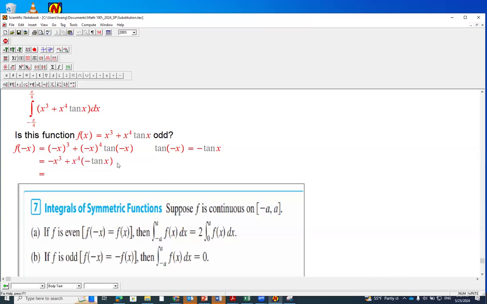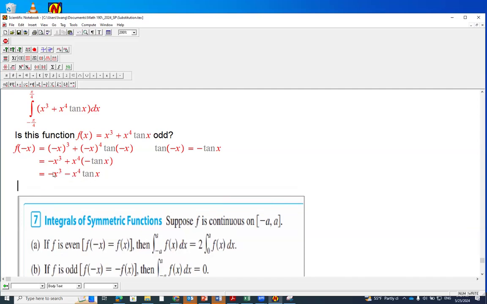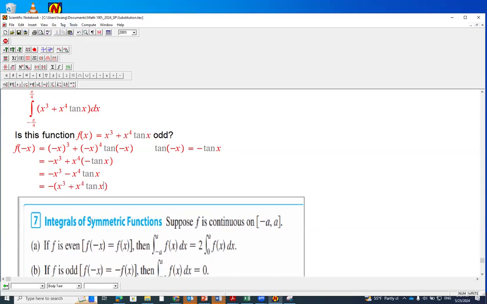So the negative sign on this piece will be brought to the front, and then we can factor out the negative sign. So that's going to be x squared plus x raised to the power 4 times tangent x. So we factored out the negative sign, and what is this? This is exactly negative f of x.